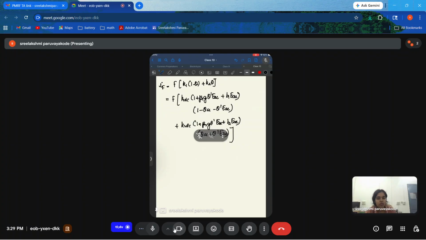Now again you have to simplify it and then remove the unwanted terms.